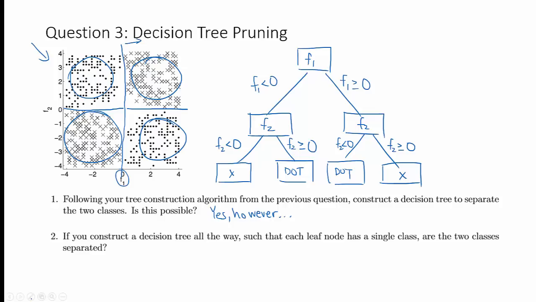For this example, no matter whether we chose F1 or F2 to start with, since the data is roughly uniform, the entropy before the split is 1. Now after the split, let's say we did the split on F1, we created, again, this line here.